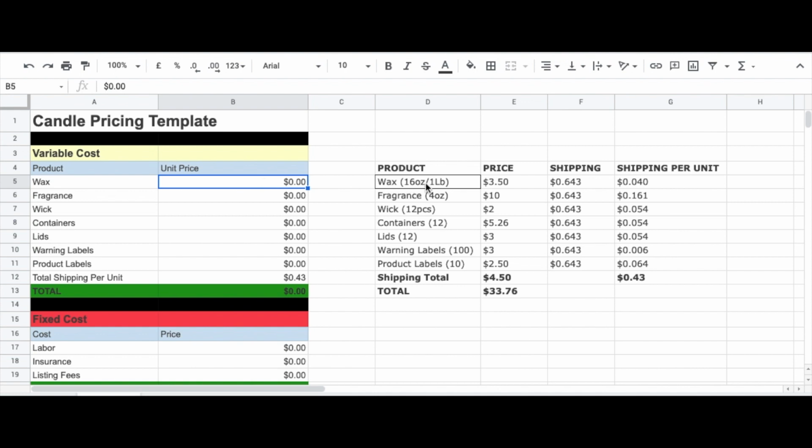We bought 16 ounces of wax at the cost of 3.50. So we're going to find out how much it costs us to buy 1 ounce of wax. We'll do 3.50 divided by 16.